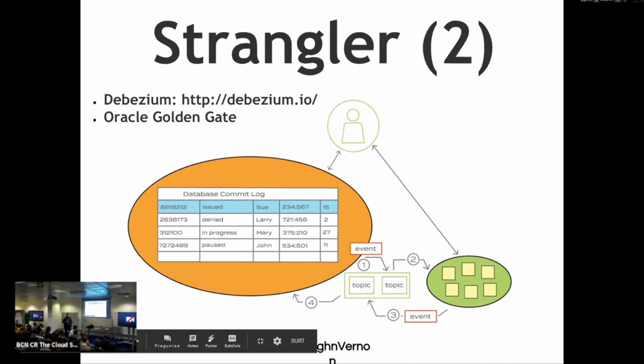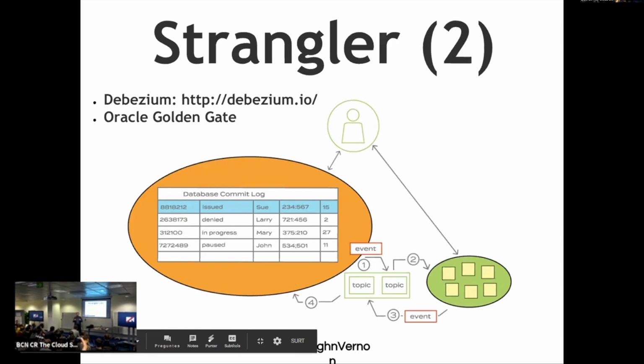So what can you do about that? Well, it can be hard to figure out where our triggers should go, so we can use tools like Debezium, which is an open source tool that is basically a commit log tailer, right?